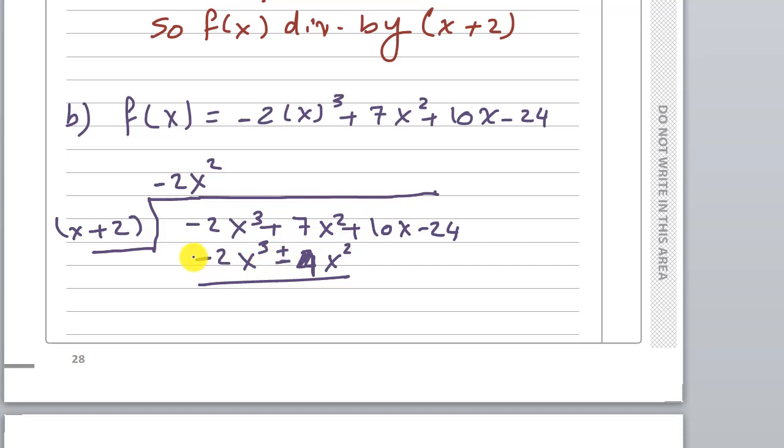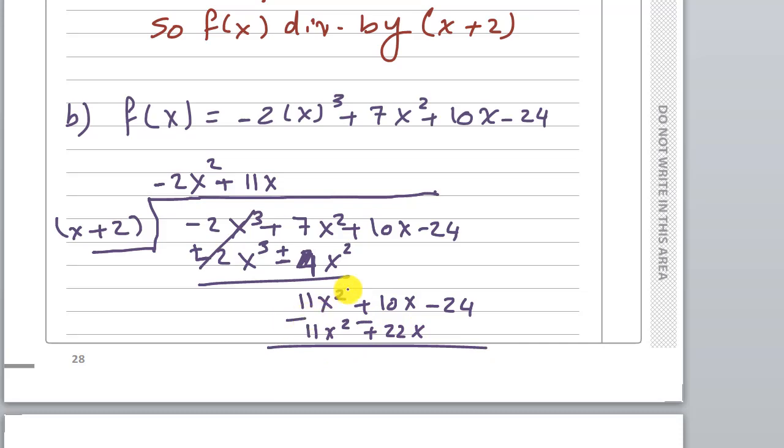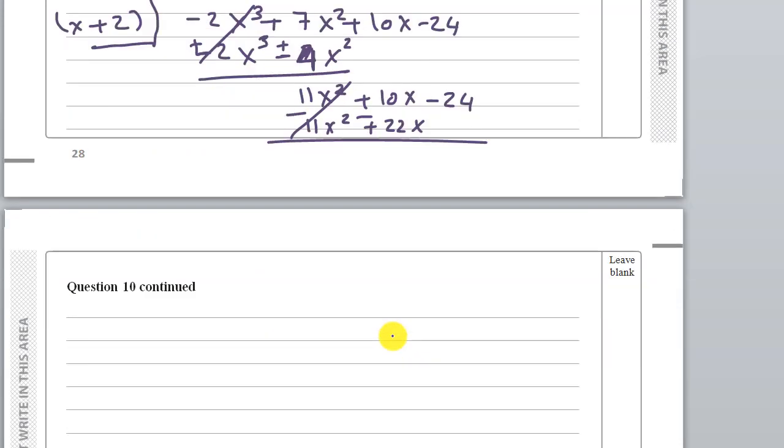So plus, here go together, 9x squared plus 10x minus 24. So plus 9x squared plus 18x, minus 8x minus 24.